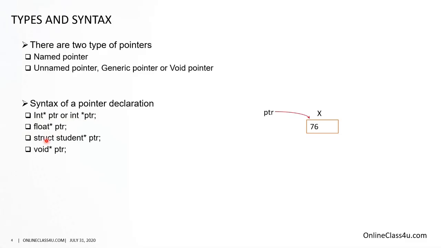Similarly, float pointer and user defined structure pointer. The last one is void pointer, where the data type is not known. So come back to this picture, where x is the variable name, 76 is the value, and there is a pointer variable which is pointing to the memory location of x.